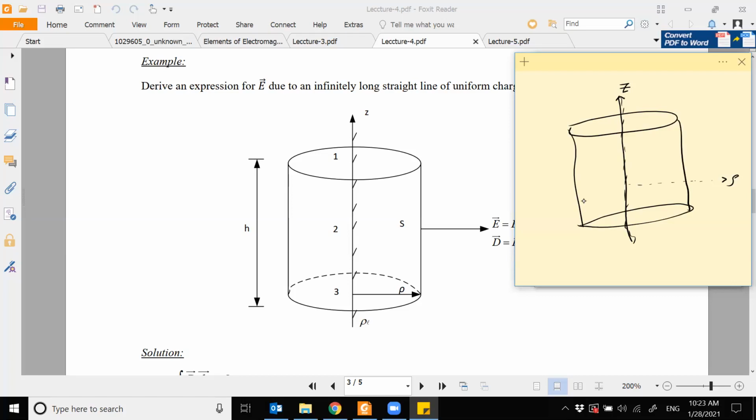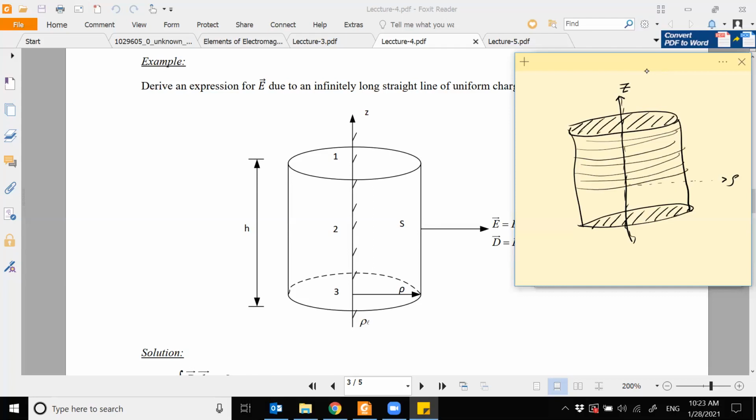Now you can think about it: how many sides does this closed cylinder have? Just visualize. Three. The top, it is closed, it's not open. The bottom, this is also closed. And the side, this is also closed.